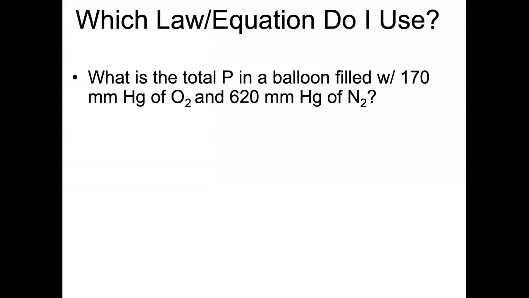All right, so which law or equation would you use for this one? Take a look at it. Hopefully you were thinking Dalton's law of partial pressure because it's asking for a total pressure, and it's giving us the pressure of oxygen and the pressure of nitrogen, two separate gases.